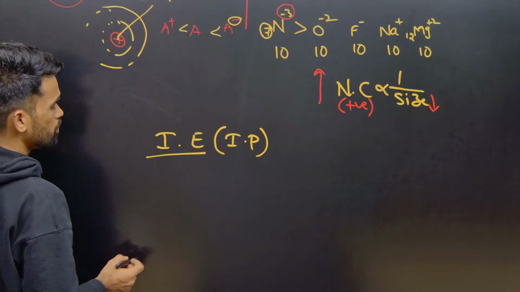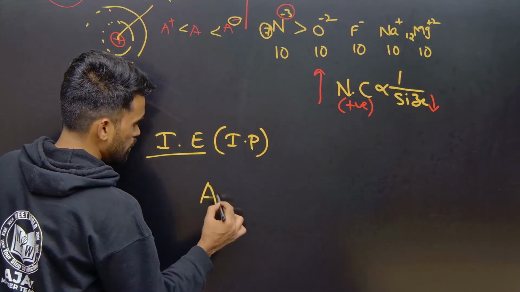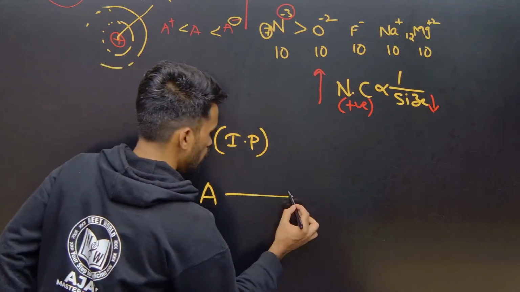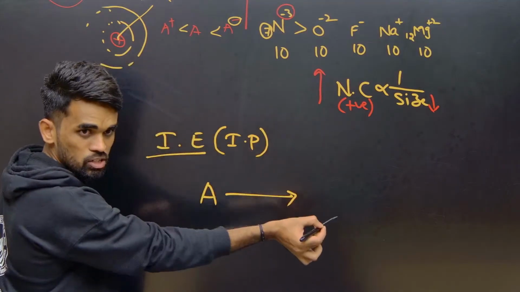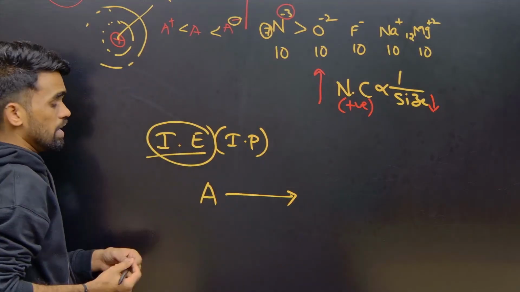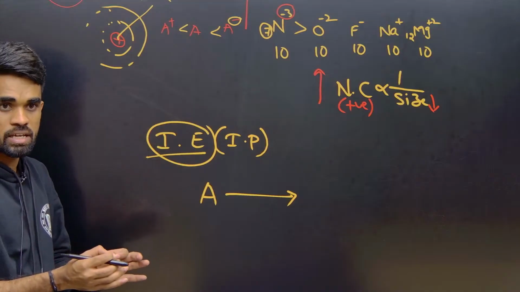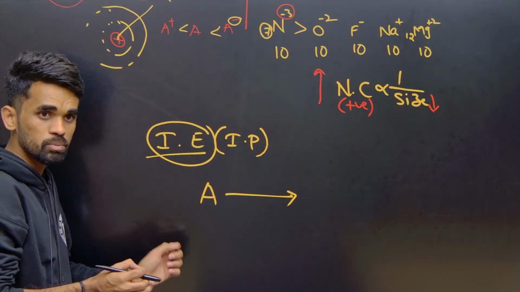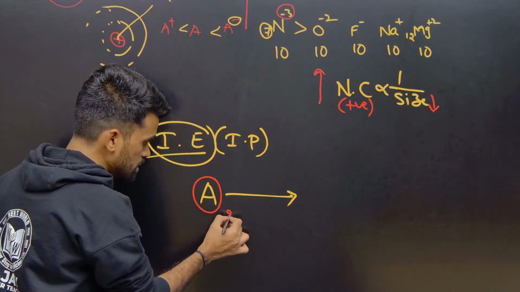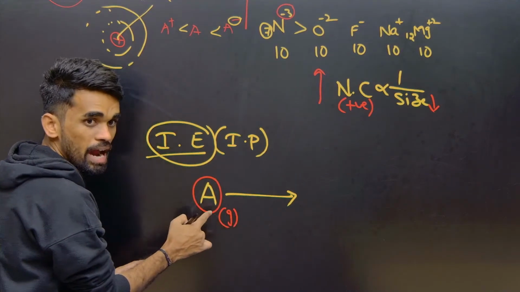Now if I have an element A, we need to ionize it. Ionizing means removing one electron. Especially when we are talking about ionization energy, it means the minimum amount of energy required to remove an electron from a neutral gaseous isolated atom.